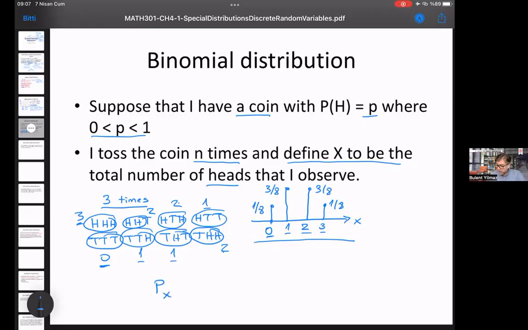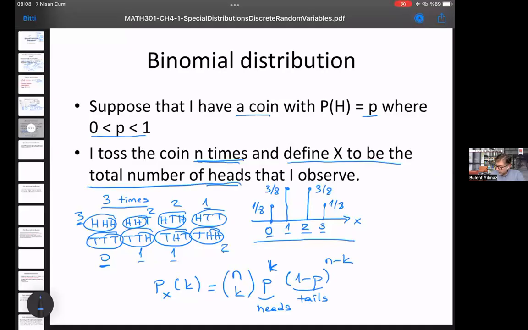If you remember, I flip the coin n times, and then n choose K, okay, K is going to be the number of heads. P is going to be the probability of obtaining heads. It's going to be P to the power K, times 1 minus P to the power n minus K, right? This is the heads probability, and this is the tails probability. I have K heads because it says total number of heads, and here I say number of heads.